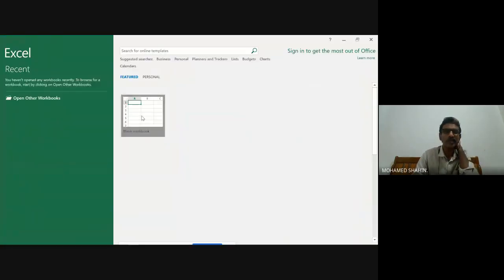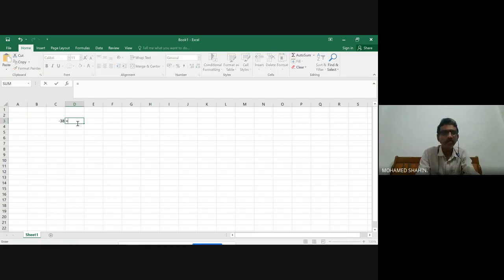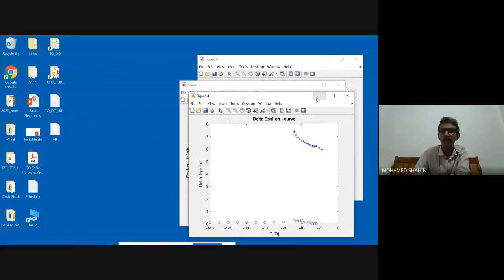Minus 38: what I am doing is minus 38 plus 273.15. Now this is Kelvin. This is equal to 1000 divided by this one. So this is approximately 4.25.